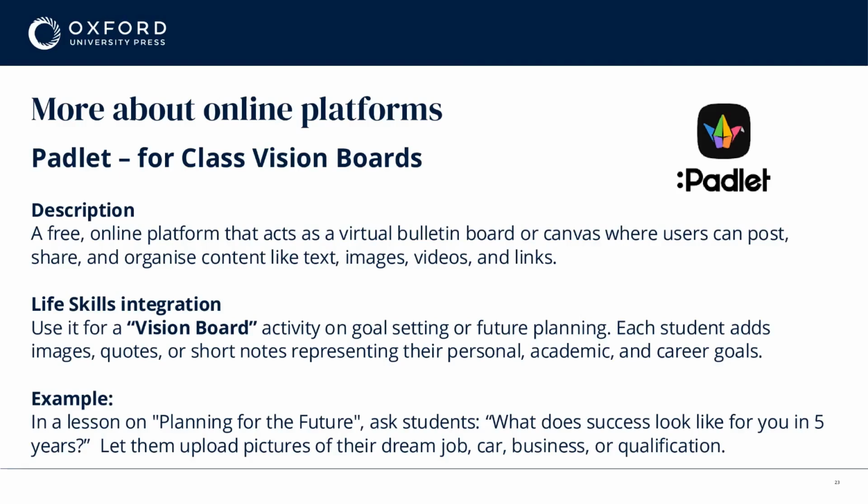We can also take this one step further and ask them, what are the smaller goals that you need to achieve in order to reach your long term goal in 5 years of the dream job, car, business, or qualification? All of that can be uploaded onto Padlet so that they have a visual representation of what they need to do.